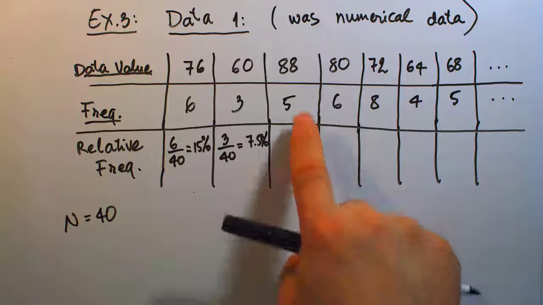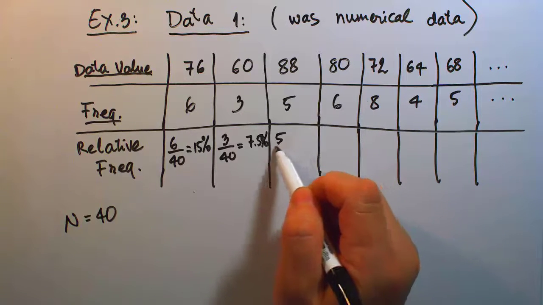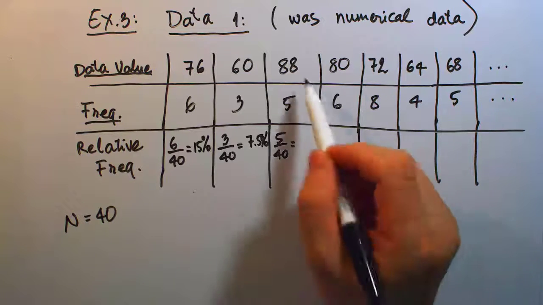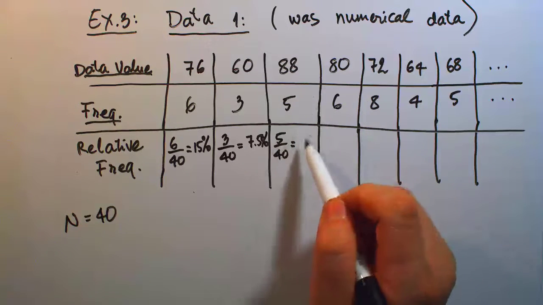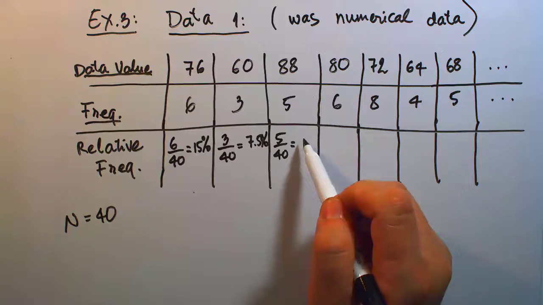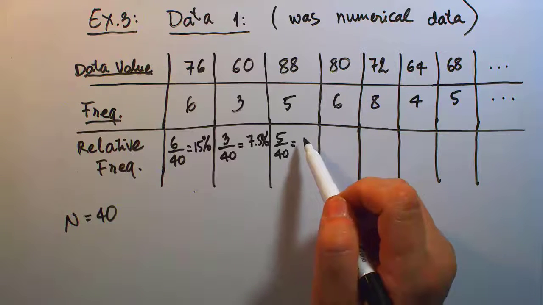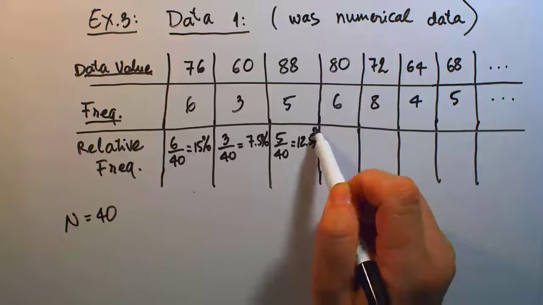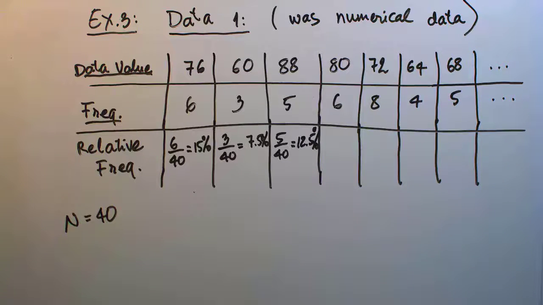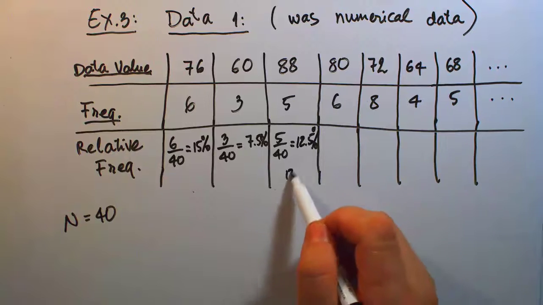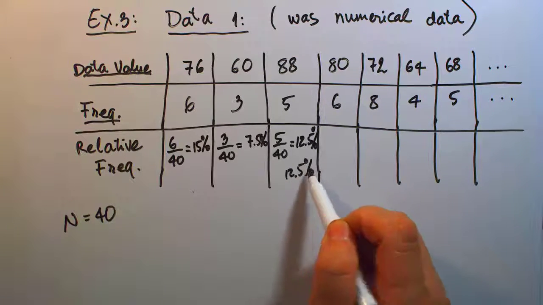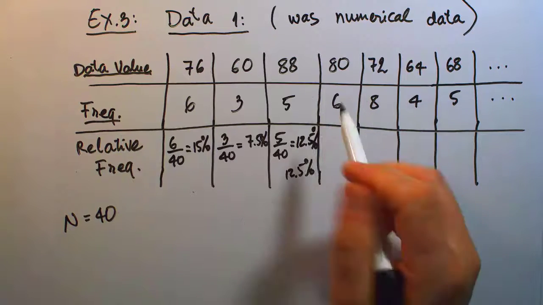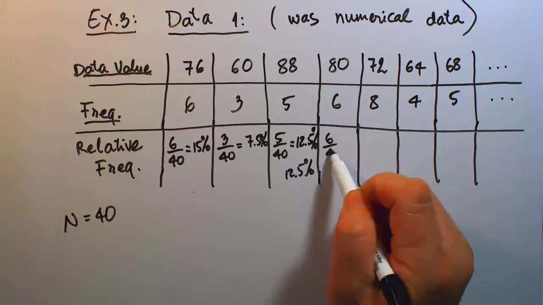And then 5 out of 40 as the relative frequency for 88, and that gives me in percentage 12.5%. And then here we have the same frequency count right here, 6 out of 40.